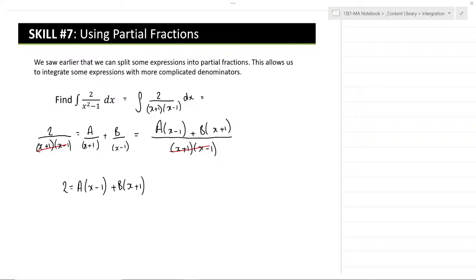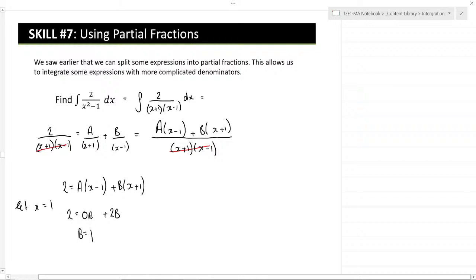Now this one's quite easy, isn't it? Because all we need to do is let x be equal to 1 and x equal to minus 1. So let x be equal to 1. In which case we'd get 2 is equal to 0a plus 2b, is it? Yeah. So b is equal to 1.